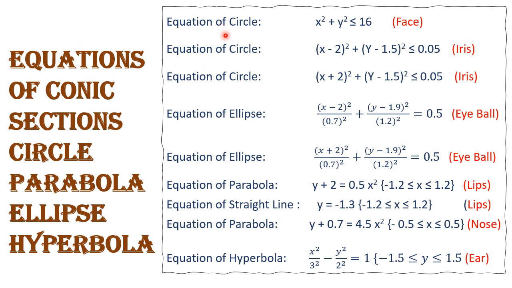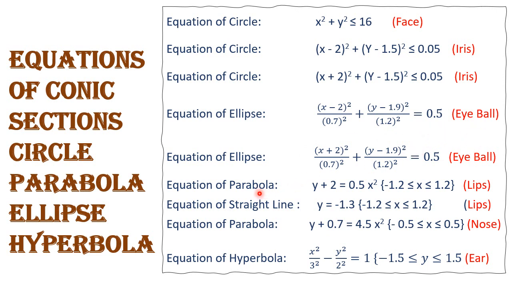The first equation is the equation of circle and it makes the face of the smiley. Next two equations are the equations of circle and these two equations collectively make the iris of the eyeballs. Next two equations are the equations of ellipse and these two equations make the eyeball of the smiley.